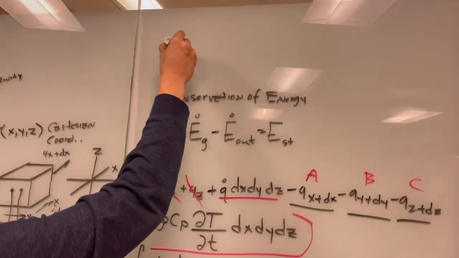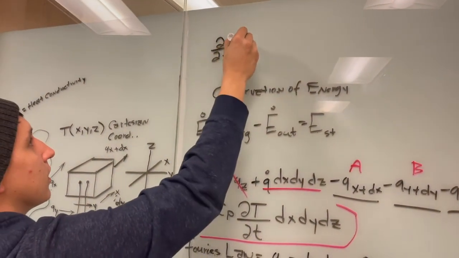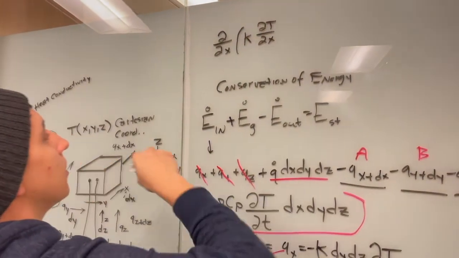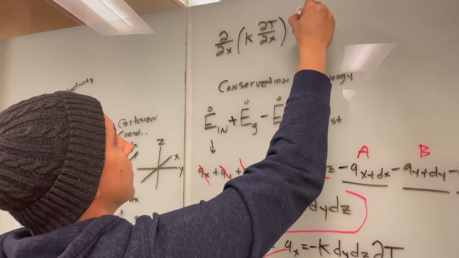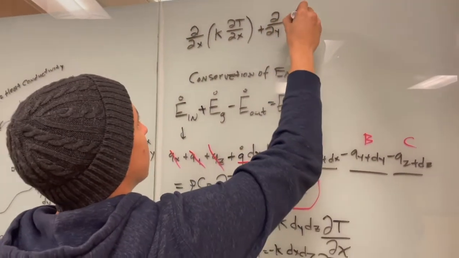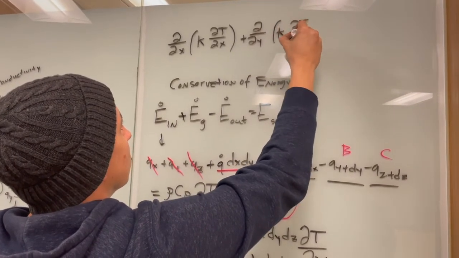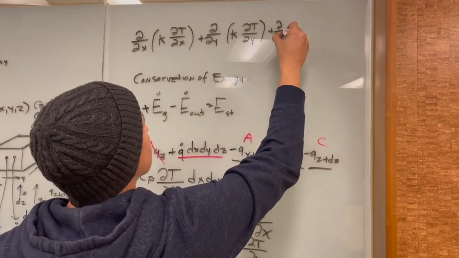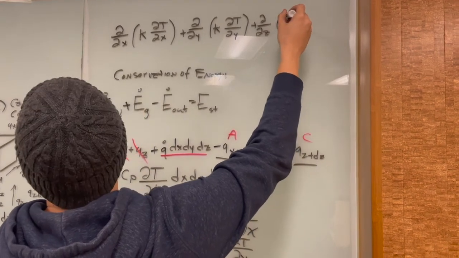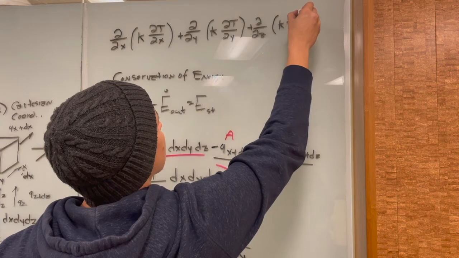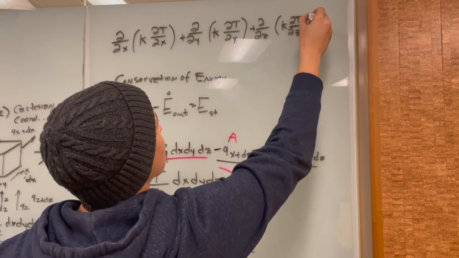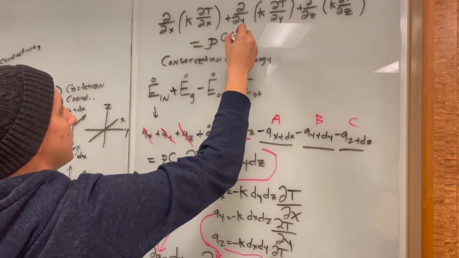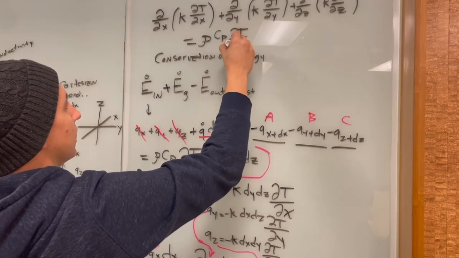It would end up being del x, k, del T, del x, and then plus in the y direction, k, del T, del y, and then plus del z, thermal, or heat conductivity, and all of this would be equal to our rho, specific heat capacity, del T in respect to time.